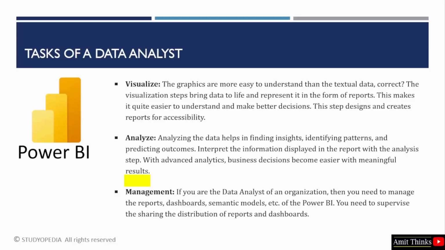Obviously we all know that if you are looking at a chart, a graph or an image, then it's way easier to understand when compared with text. Now the step is to visualize. So this data is then converted to reports which are easy to understand. If you are checking a report, then you can easily understand everything about the company, how things are going on in a company.